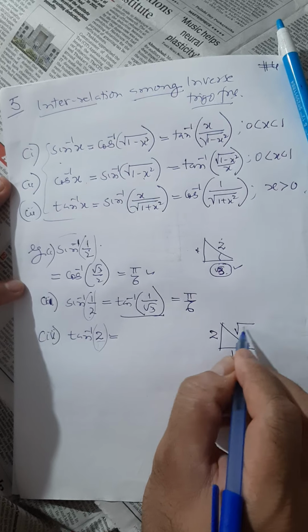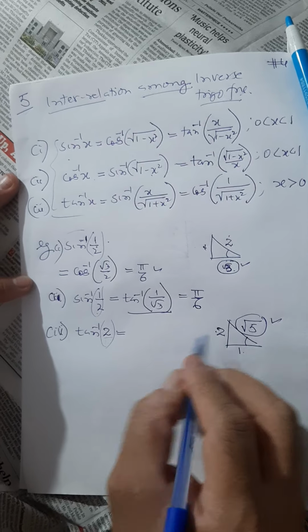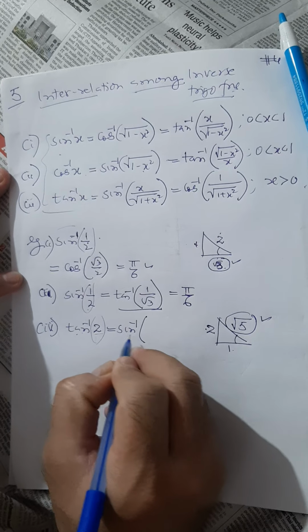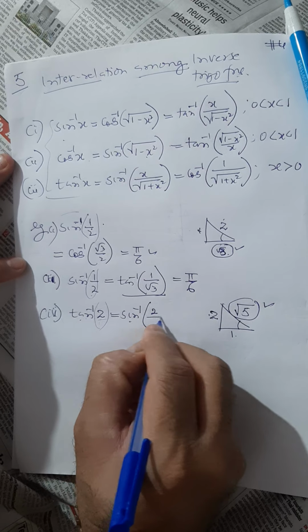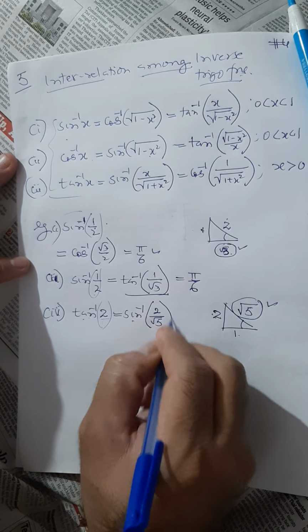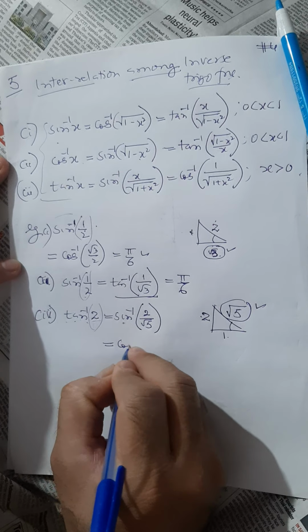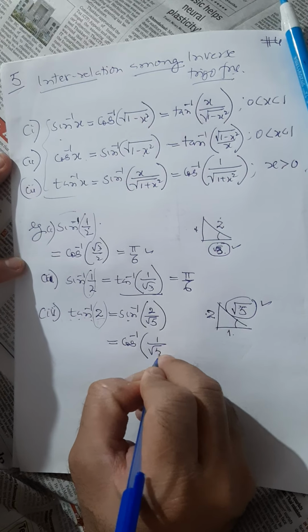So the hypotenuse would be root 5, root of 4 plus 1 by Pythagoras. Suppose I want to reduce it into sine inverse. Sine is nothing but opposite upon hypotenuse. So you can write 2 by root 5. Suppose I want to write in terms of the cos function. So this is cos inverse, adjacent upon hypotenuse, so 1 by root 5.